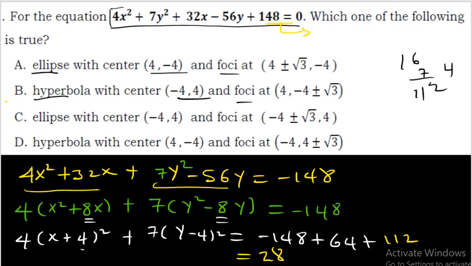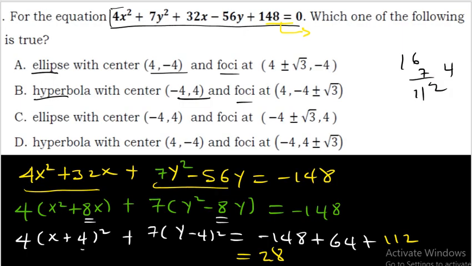Okay, so now let's go to the next page and write what we have. Now we have 4 in bracket x plus 4 squared plus 7 in bracket y minus 4 squared, which is equal to 28.